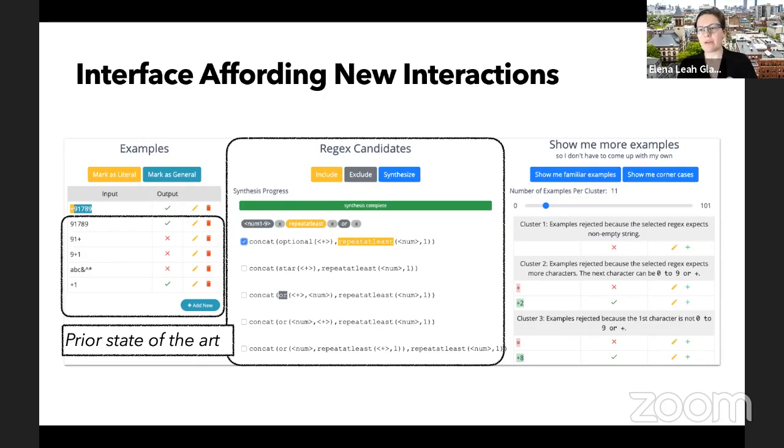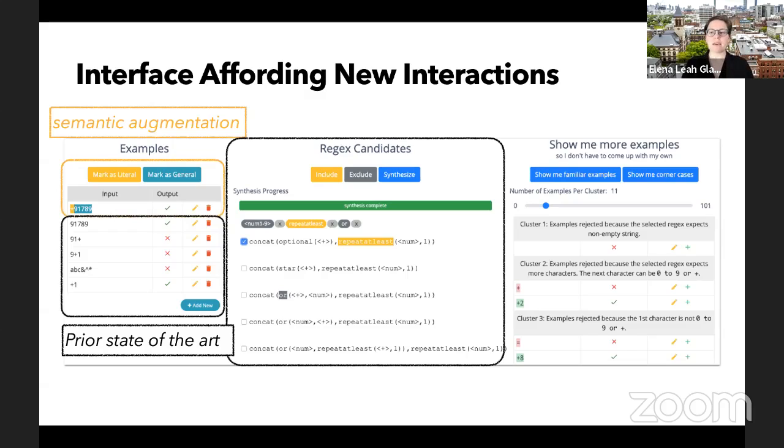She put forth an interaction model where you could, as the user, shape future synthesis iteration steps by annotating individual components of synthesized programs with either include this in future synthesis rounds or exclude this. So if you think about primitives or means of combination, that would be part of the search tree. Prior state of the art is represented here with examples and program annotation.